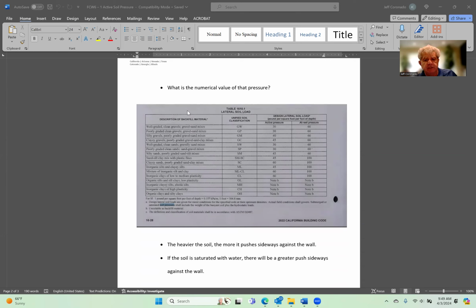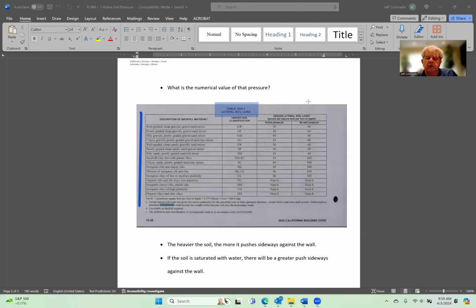If you don't have a geotechnical engineer, then depending on the building code in force where you are doing this retaining wall, you may be able to get some prescriptive values from the building code. For instance, in this case, this is an excerpt from the 2022 California Building Code. Depending on the soils that we have, there's a table. Let me highlight that here.